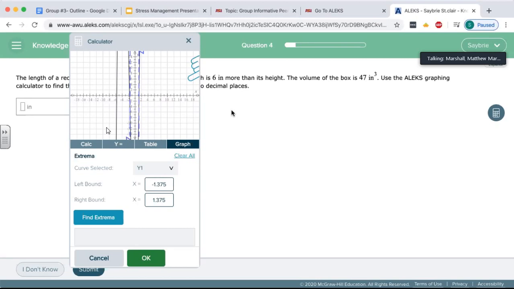Yeah, it gives me a weird graph, plus 47.